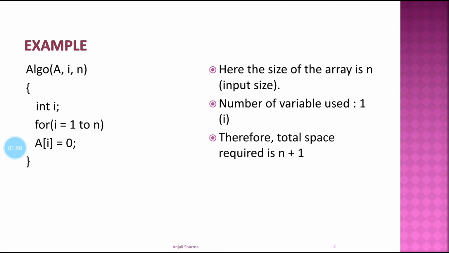So the total amount of space that this algorithm will occupy in memory will be equal to n plus 1. n will be the array and 1 will be for the loop variable, right?